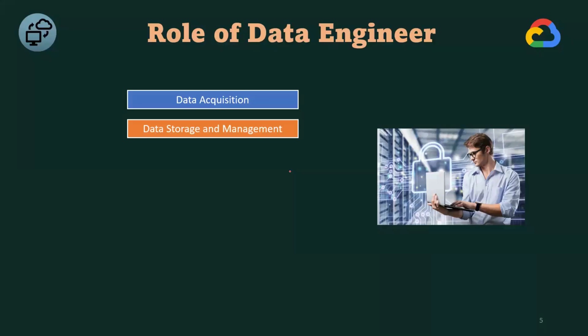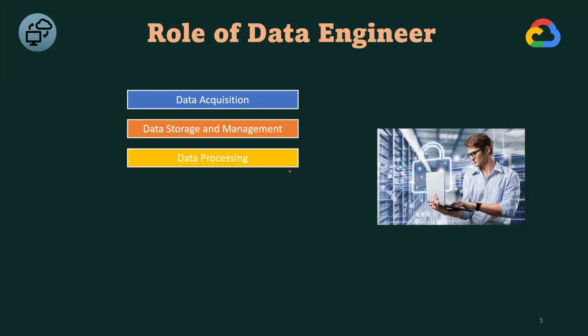The next thing is, whatever data we have extracted, we need a solution or storage tool that can store my data, which is scalable, secure, and can control access to my data. So we need to come up with a solution for data storage and management, and we need to manage this data every day.